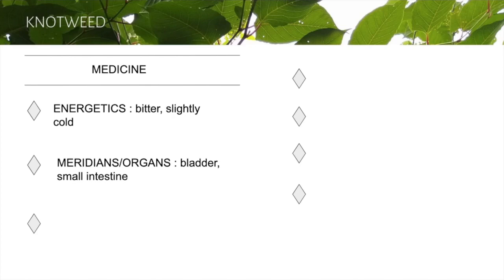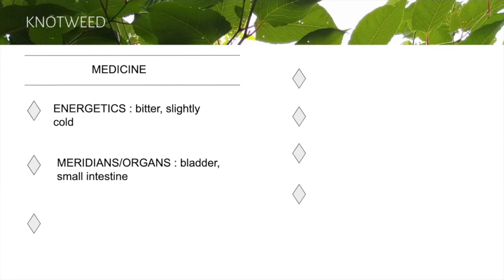The meridians and organs that knotweed has an affinity for are the bladder and the small intestine. And I find that knotweed works in the body really as a whole, but these two organs do tend to be a very strong way that the knotweed medicine works. And what I gather from this is that knotweed helps in the elimination process.